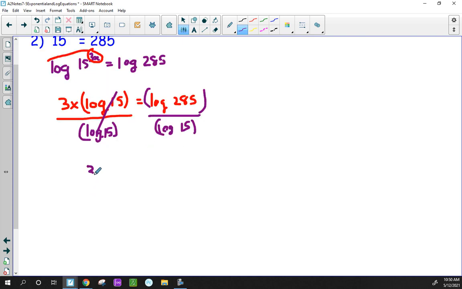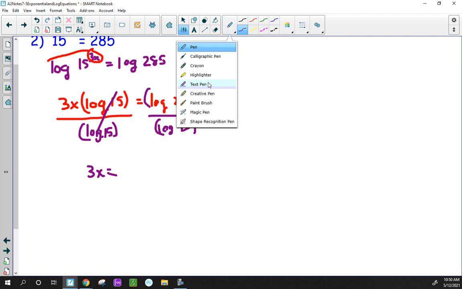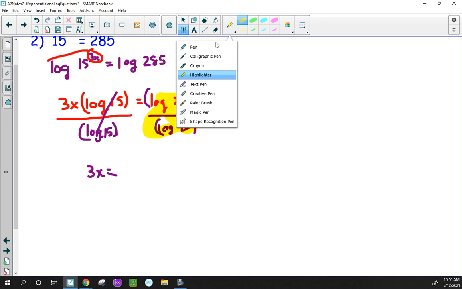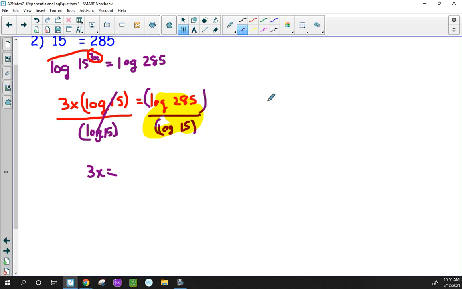You're going to end up getting 3x is equal to this log expression, and that part needs to go in your calculator. Remember, because it's base 10, you are allowed to use your calculator LOG button: log of 285, and then divide that by log of 15.